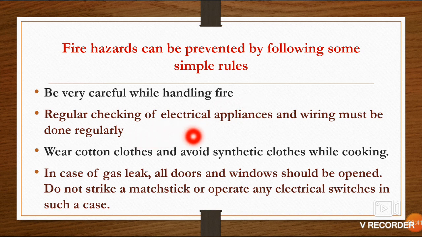Regular checking of electrical appliances and wiring must be done. If we check it and there is any fault, we can get it corrected, so there will be no fire accident. When we are in the kitchen, we must wear cotton clothes.